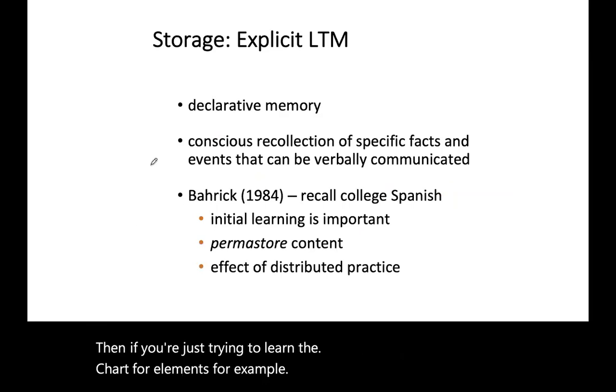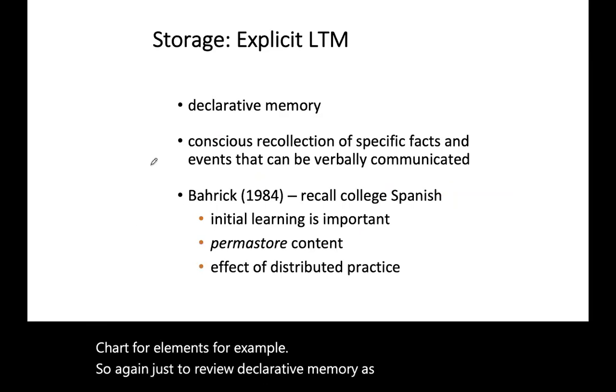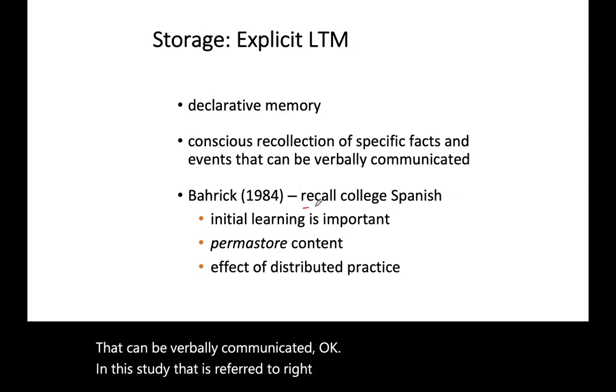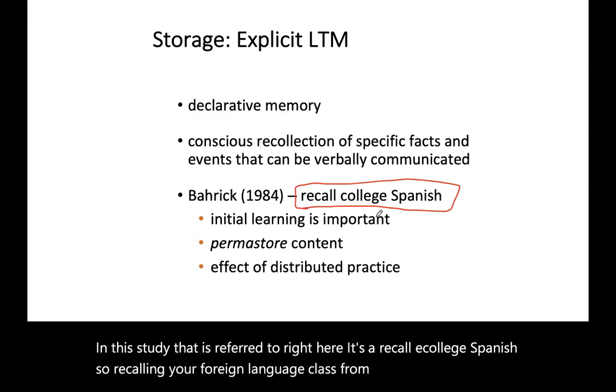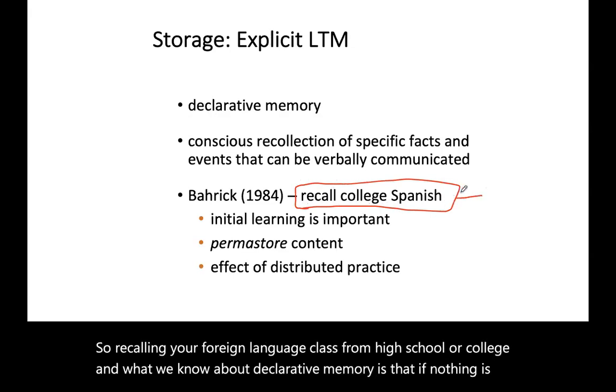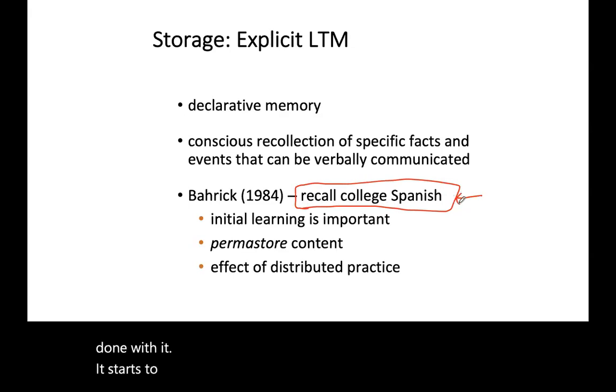So again, just to review, declarative memory is a conscious recollection of specific facts and events that can be verbally communicated, okay? In this study that is referred to right here, it's a recall of college Spanish. So it's recalling your foreign language class from high school or college. What we know about declarative memory is that if nothing is done with it, it starts to decay, okay?